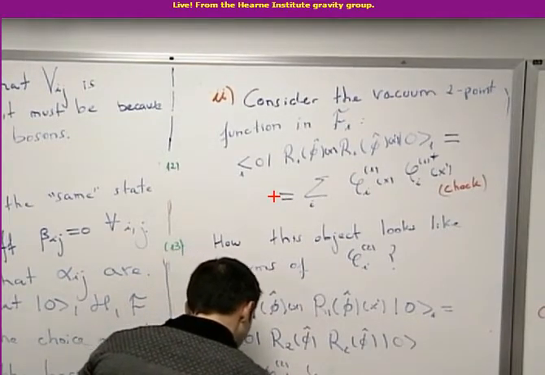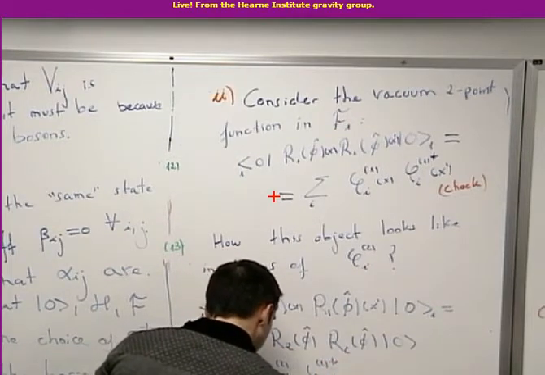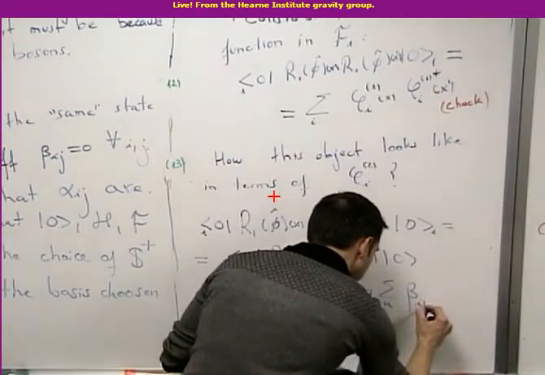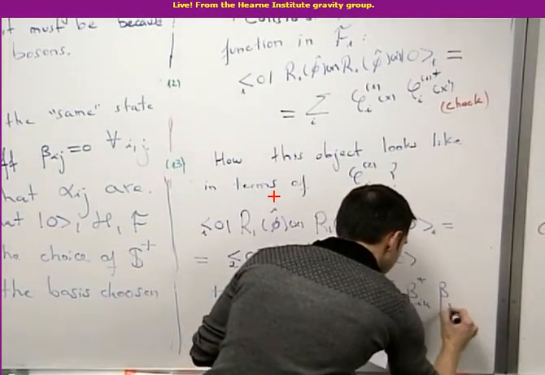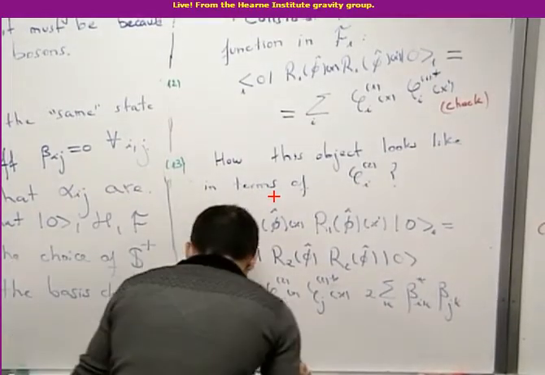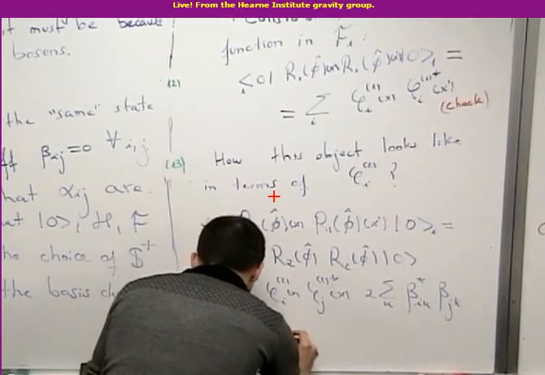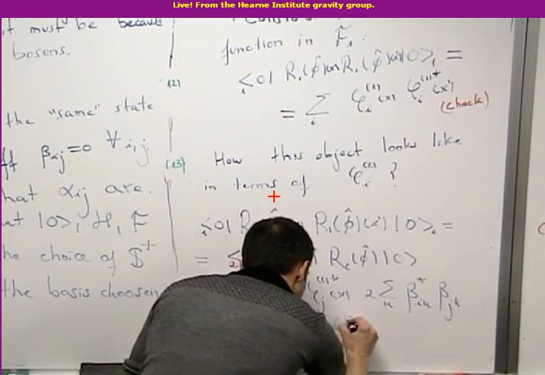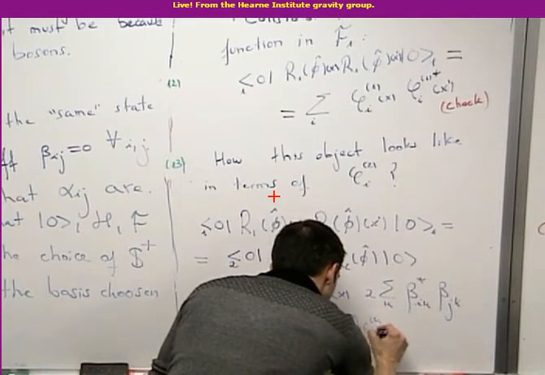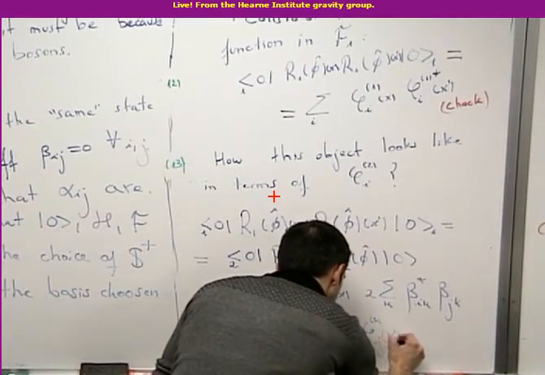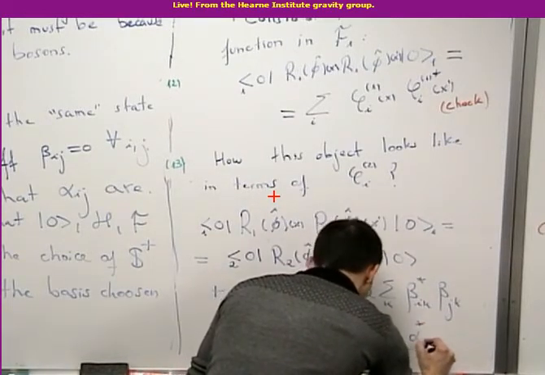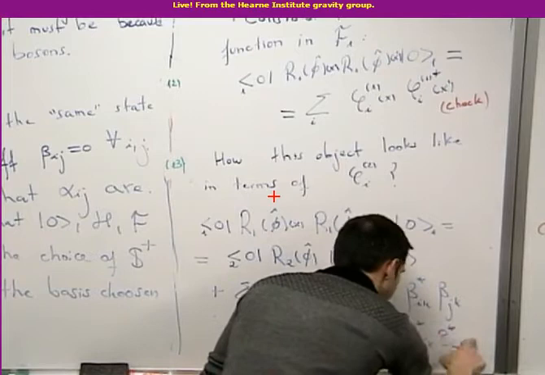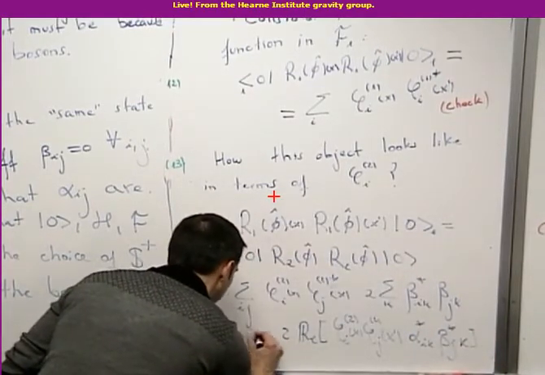Phi_i of x, phi_j conjugated of x prime, twice the sum over k, plus another term, two times the real part of phi_i^2 phi_j^2 of x and of x prime, alpha conjugated ik, beta conjugated jk, and I forgot to add a sum, minus the sum in k.